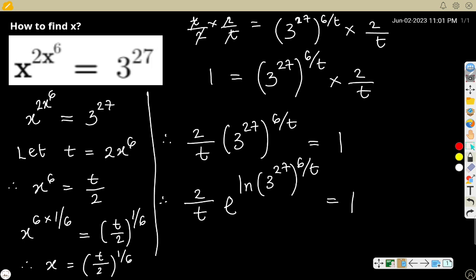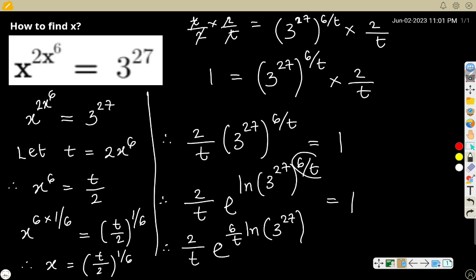So just learn the approach. So now this is the same thing as 2 over t e raised to power 6 over t ln 3 raised to power 27.